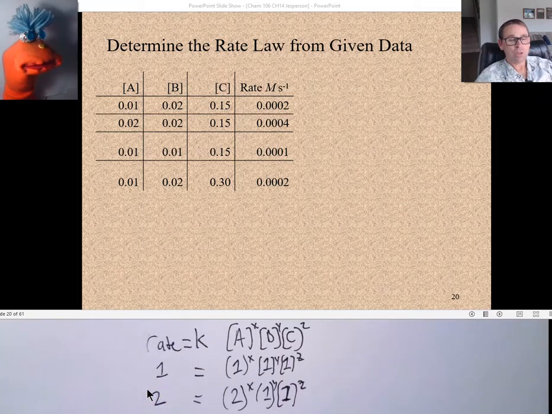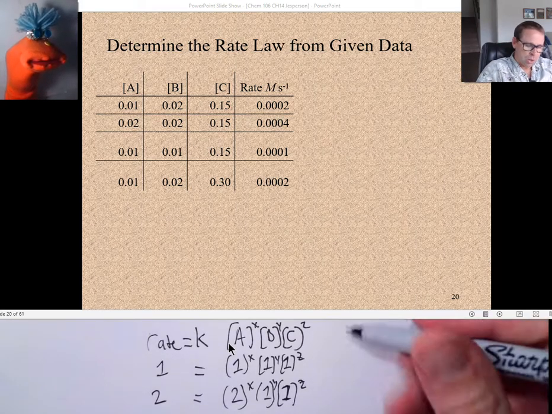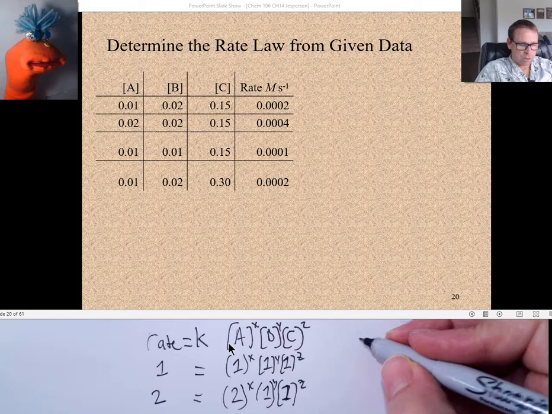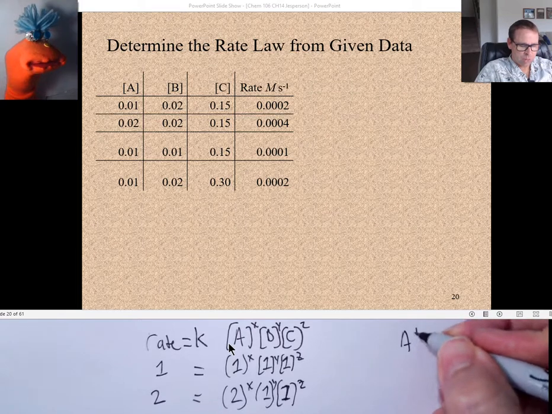That's right. 2 to the 1 is going to be 2, and that's going to double the rate. Okay, good. So we've learned that the order of the reaction with respect to A is what? 1? That's right. It's 1, or first order. You can say 0 order, first order, second order, depending on that exponent. All right, good. So now we see that the A is to the 1.